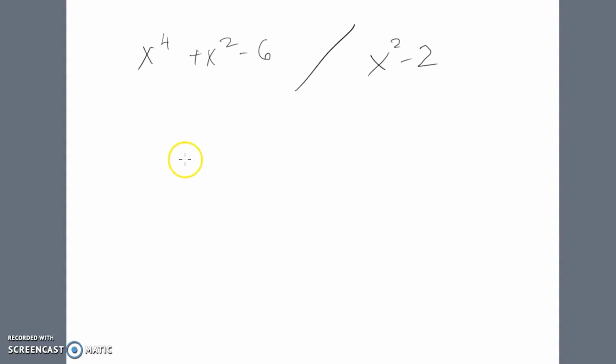We will now discuss the answer. To answer this question, we will use the remainder theorem and substitute all the x's here by positive 2. So we will evaluate it when f is 2.